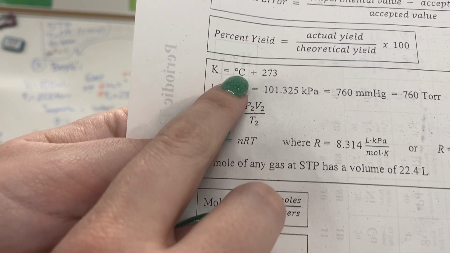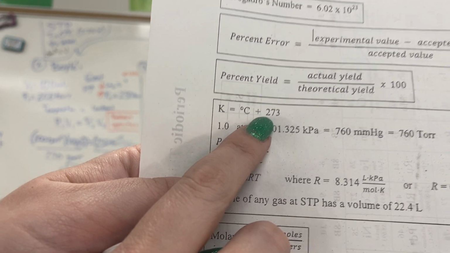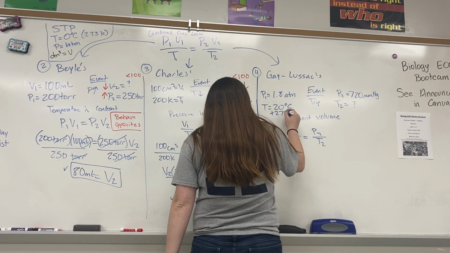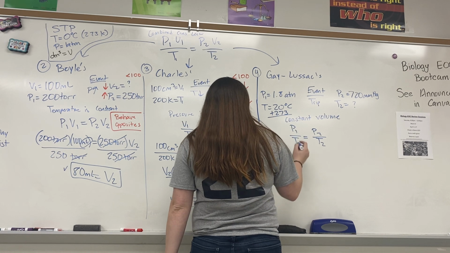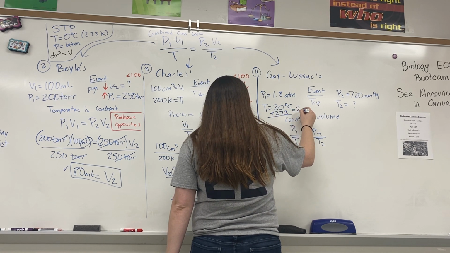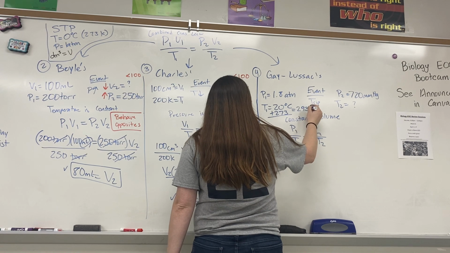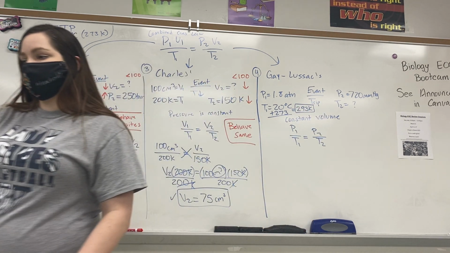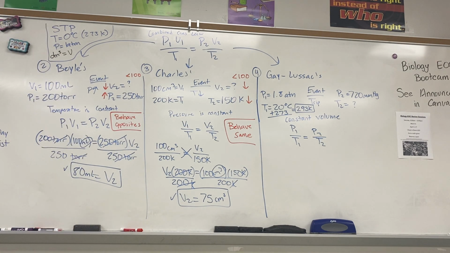So if I have degrees Celsius, I just have to add 273. So that's what I'm going to do. I'm going to add 273, and I'm going to get a new T1 of 293. So I'm going to use that 293 as my new T1.